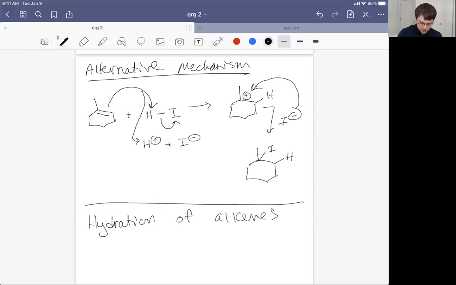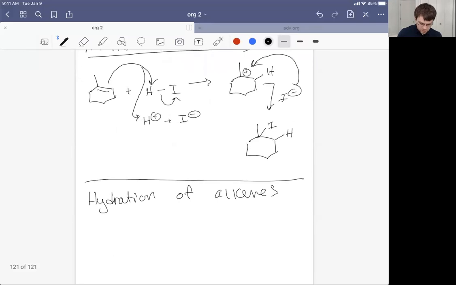Okay, so what we're going to do in the hydration of alkenes is we're going to do virtually the same reaction where we add H plus, but instead of adding X minus as we did in the hydrohalogenation, we're going to replace that with H2O. Okay, H2O.